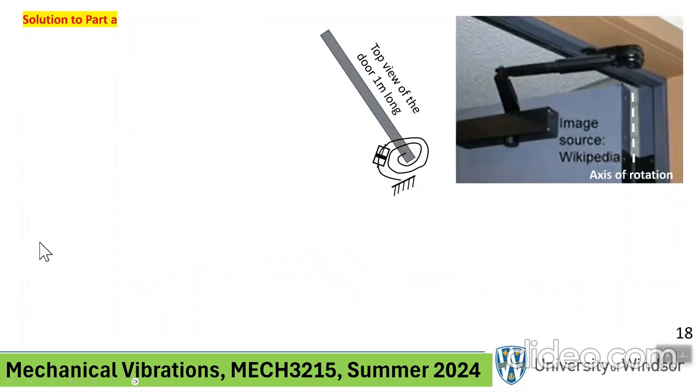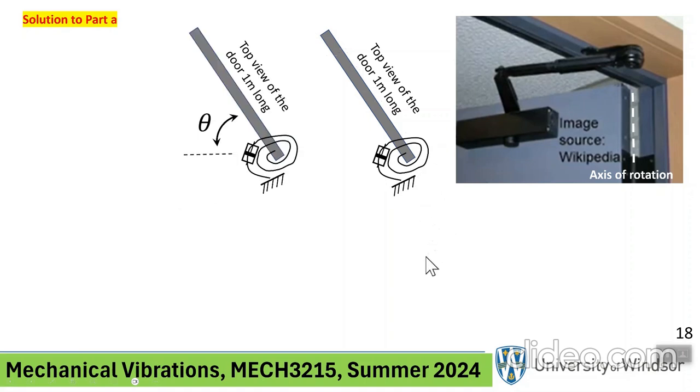So the configuration, if you look at it from the top, what we see is the door, 1 meter like that, two in the length direction, that I'm going to draw for you in a second. We have a spring and a damper. And theta is this angle that we are using in the mother of all equations.